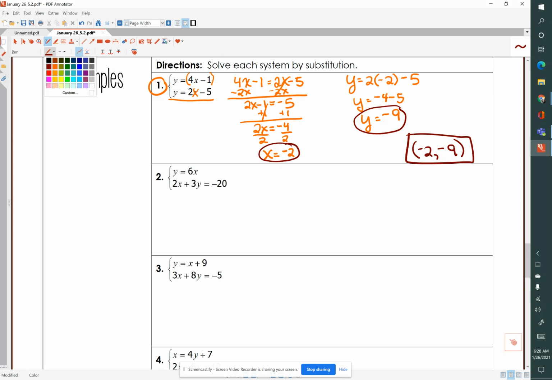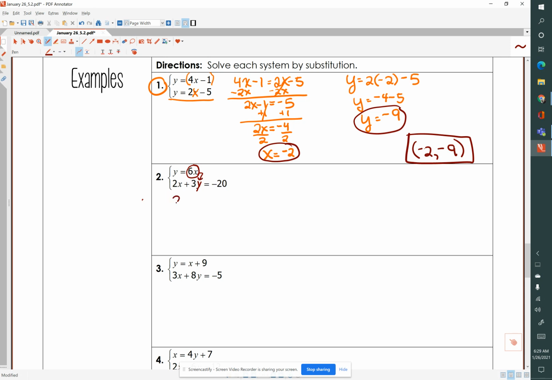So we have y equals 6x. And then we have the next equation in standard form, ax plus by equals c. Since we are already solved for y, step 1 is completed for us. So I'm going to take 6x, and wherever I see y in the next equation, I will substitute 6x.